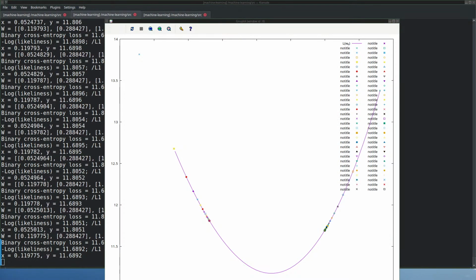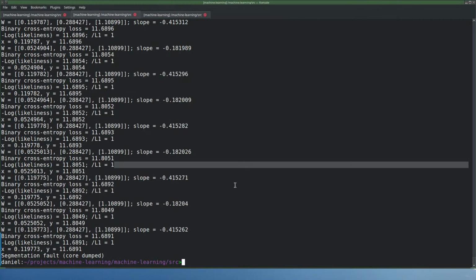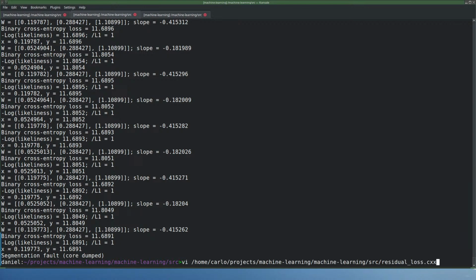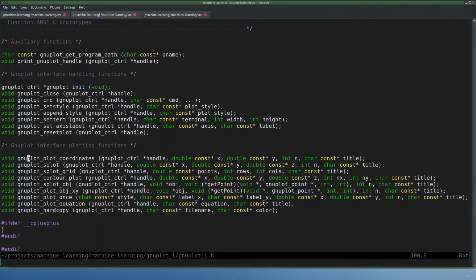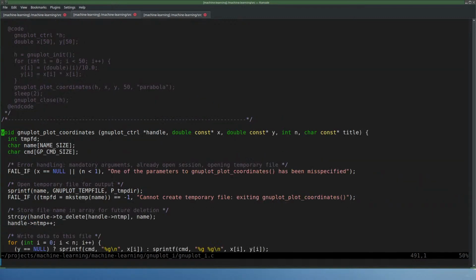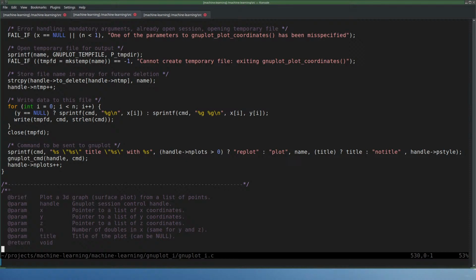I think that the insane thing is why are we crashing anyway? Strange. GNU plot coordinates, title. Oh.